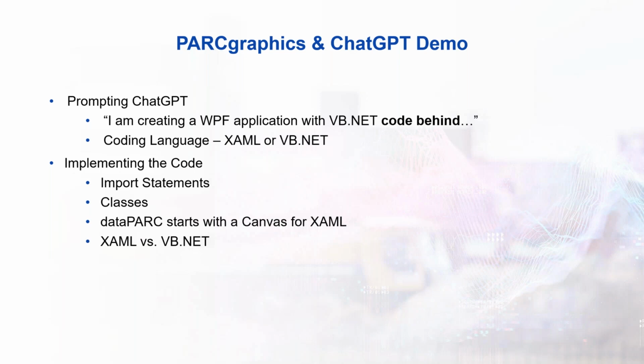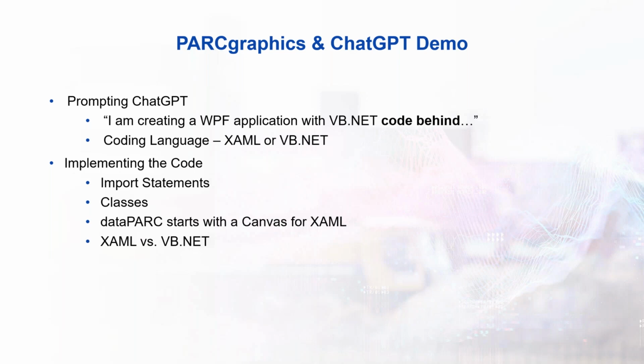I didn't specify it. Again, I kept my prompt kind of short this time, but DataPark starts with a canvas. If you go into the XAML, or even in graphics editor, you'll see the basic object that you're building and putting things on is a canvas. Often in ChatGPT it's a grid.